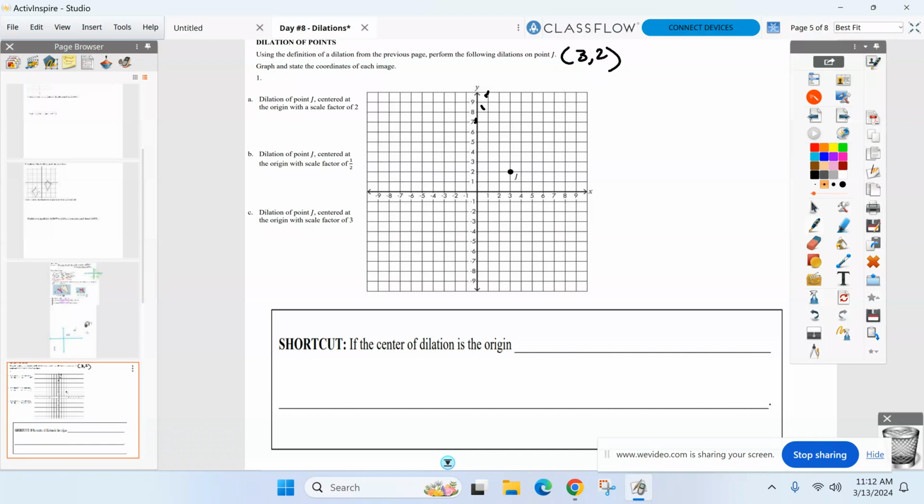From the center, the origin, I go up 2 over 3 to get to J. Double it: from the center, up 4 over 6. But from J, I can go up 2 again over 3. Notice I've doubled the distance from the origin to J. And J prime, let's mark it down: 6, 4.